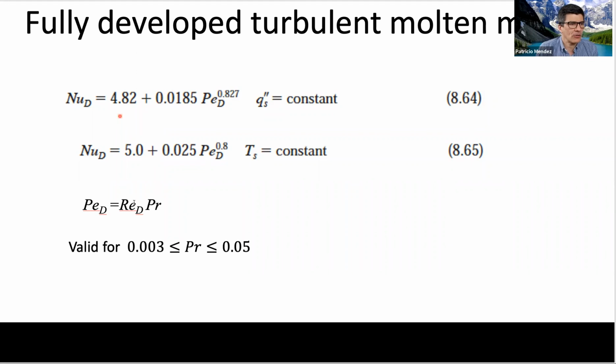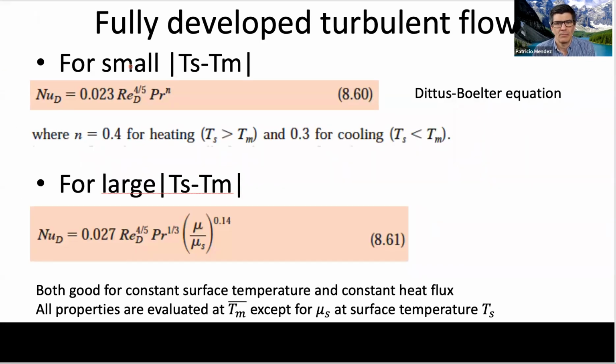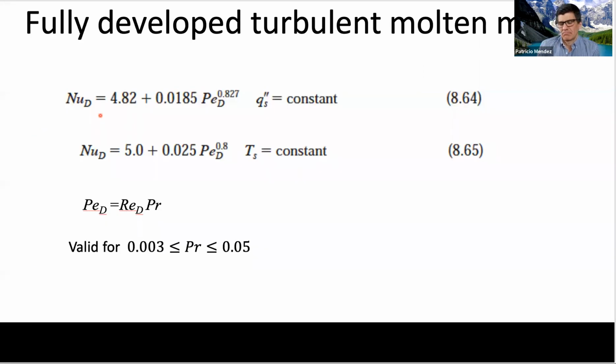We don't have that constant term, for example, in the case of fully developed turbulent flow in fluids that have high Prandtl numbers. I'm myself not sure why we have this term, but let me tell you what I suspect happened here.